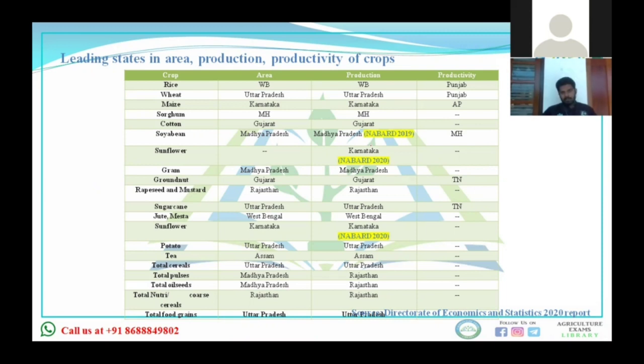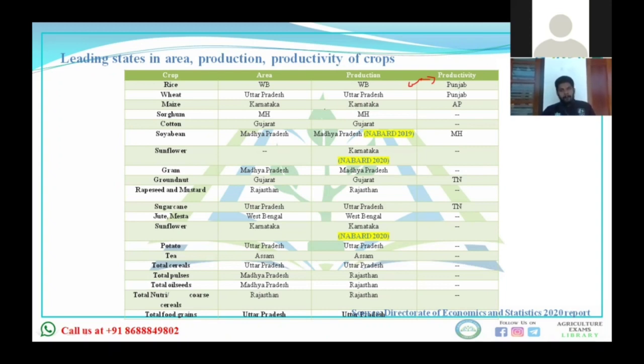If you see which state has the highest area and production under rice, it's West Bengal, but the productivity is highest in Punjab. You must remember this where you will get trapped in the examination hall. Some states lead in the area as well as the production of a particular crop, but the productivity goes to other states. In that point you have to focus.